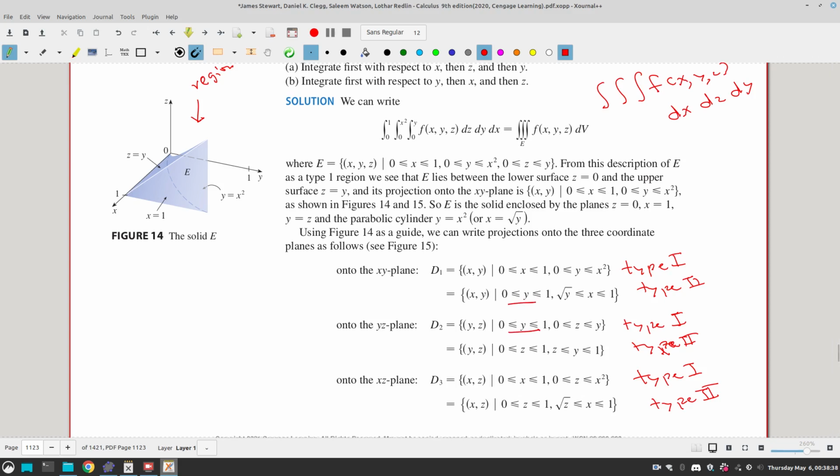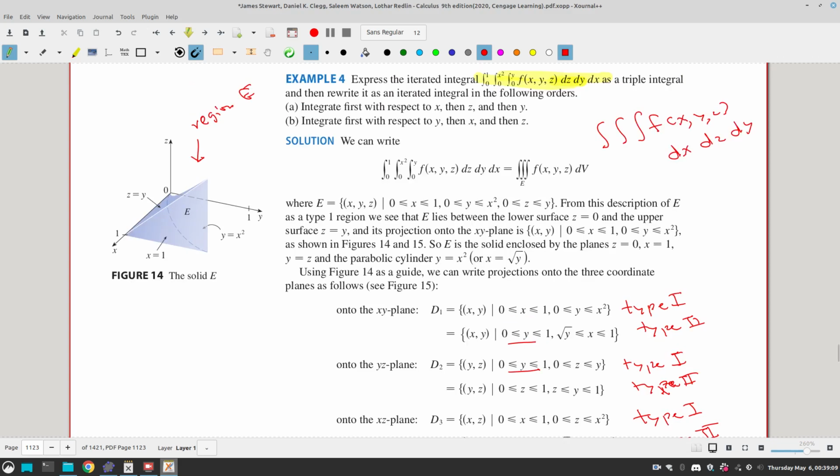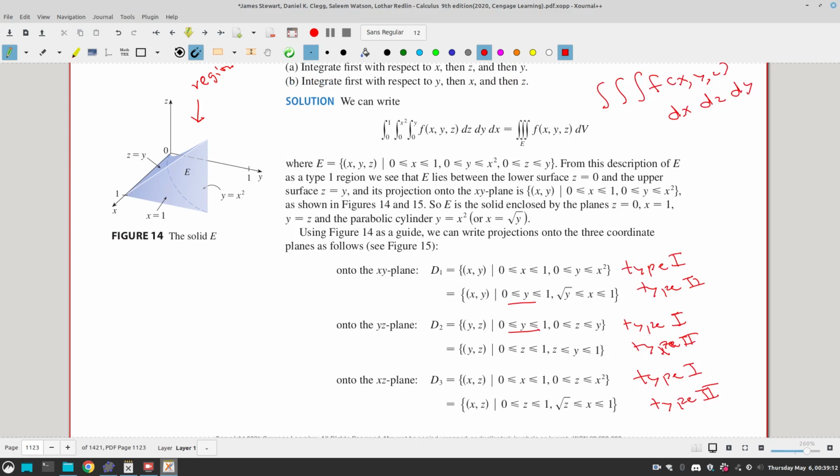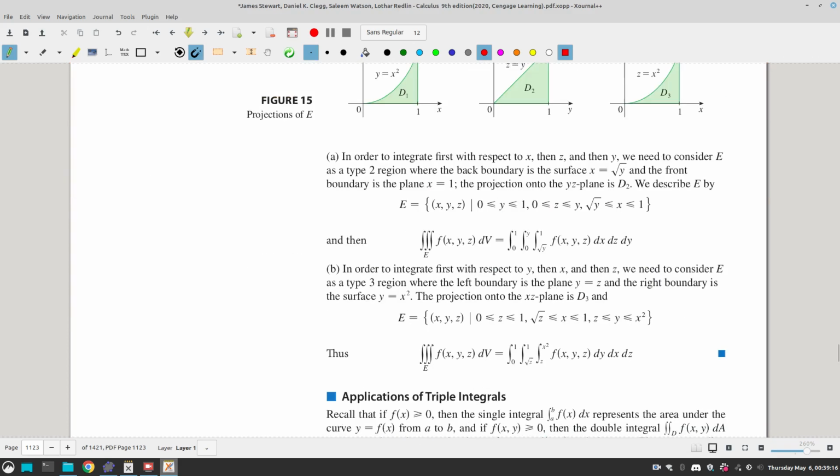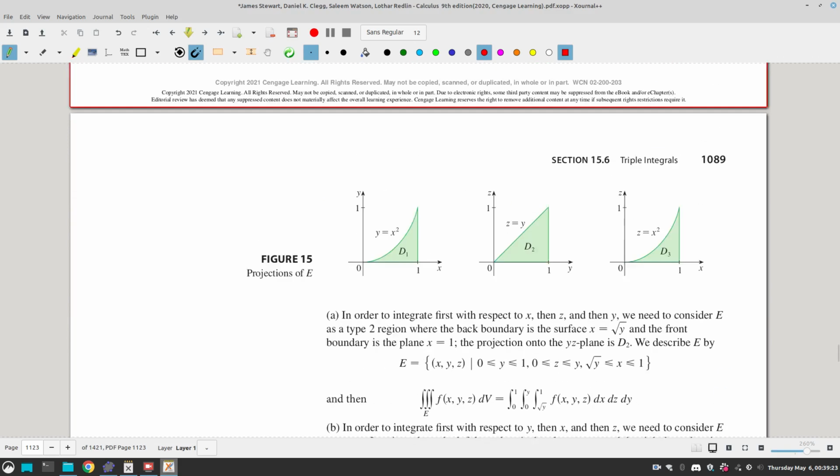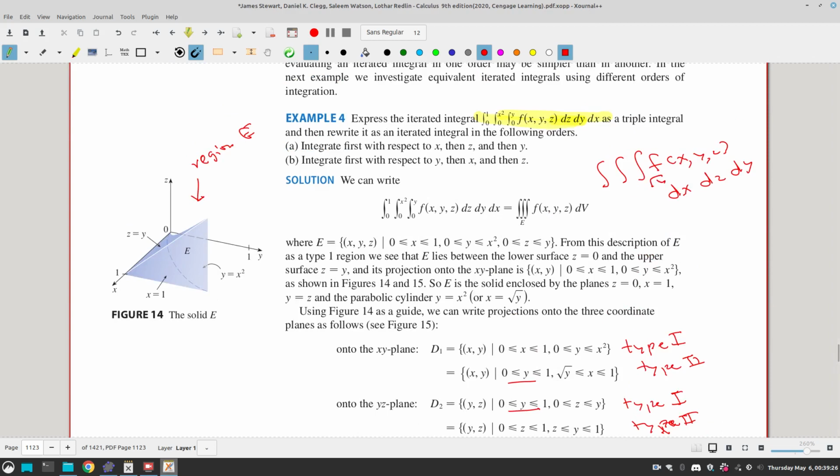Now of course we want to first integrate with respect to x, so x is going to be between two functions of y, square root of y to 1. So x is going to go from square root of y to 1.